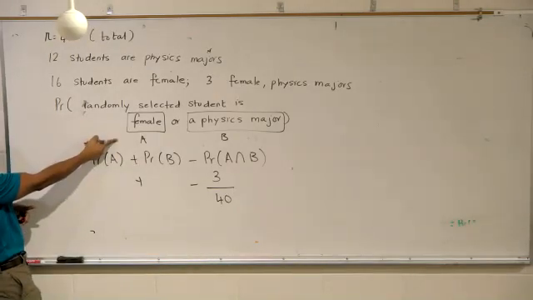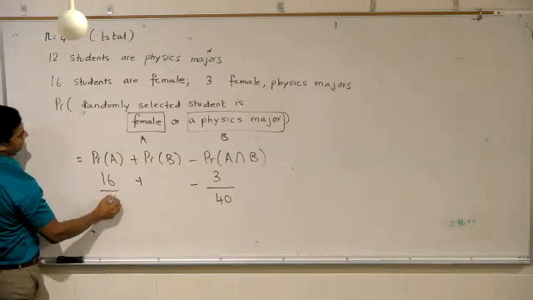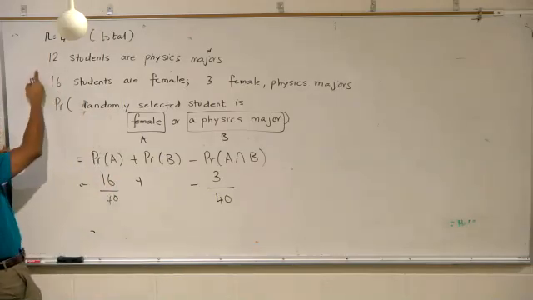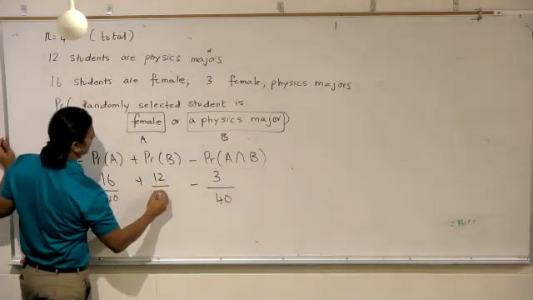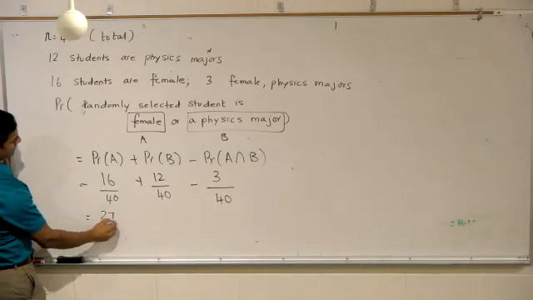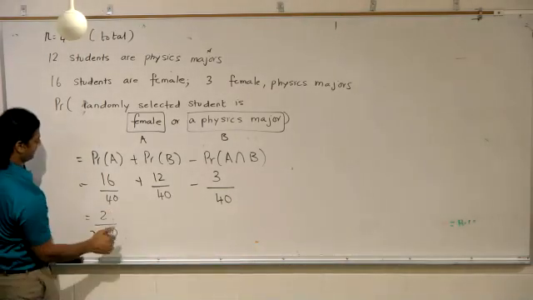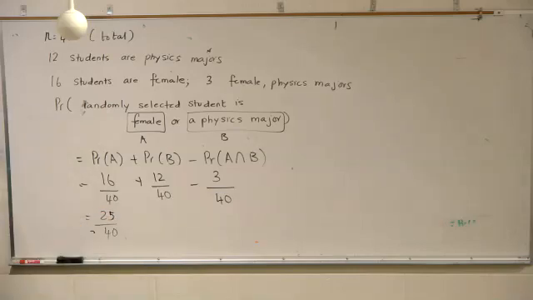Randomly chosen student is a female, 16 out of 40. Physics major, 12 out of 40. 25 out of 40.